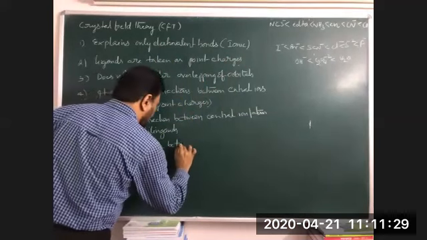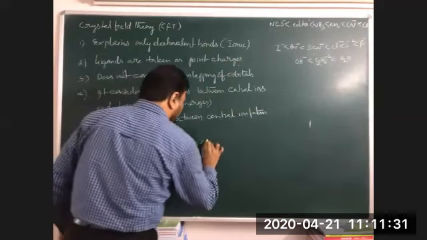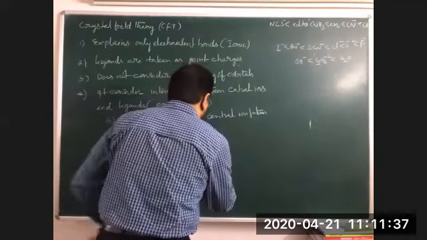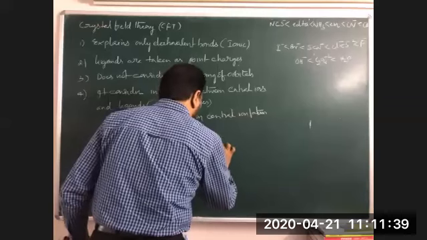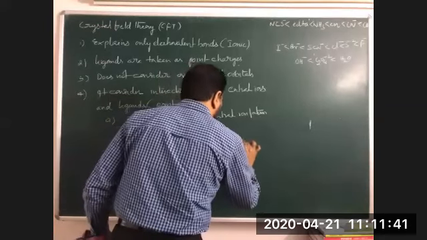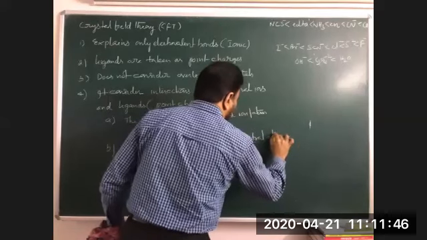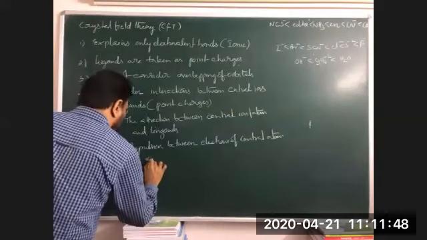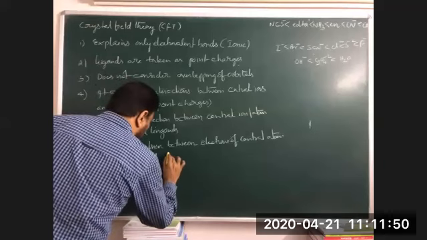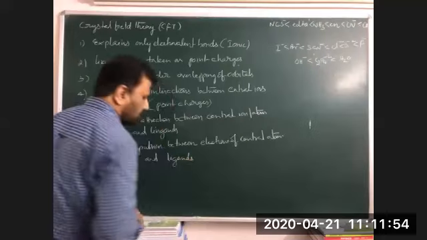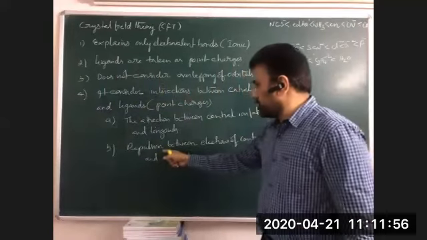Repulsions between electrons of the central ion, central atom, and ligands. Why is there a repulsion?